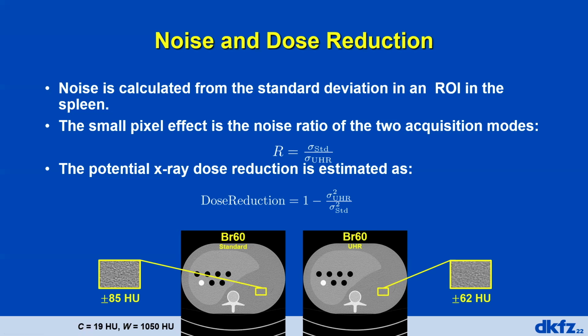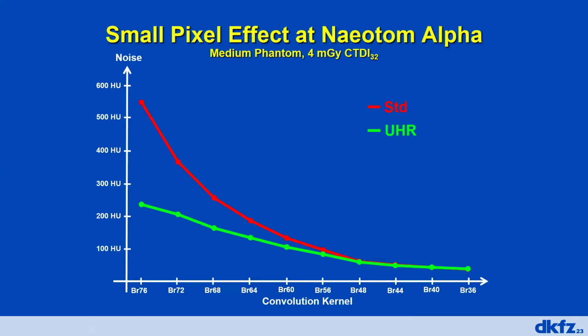So basically, due to the small pixel effect and by measuring with small detector pixels, we were able to reduce the image noise significantly. And this reduction in image noise is more pronounced for sharper convolution kernels.